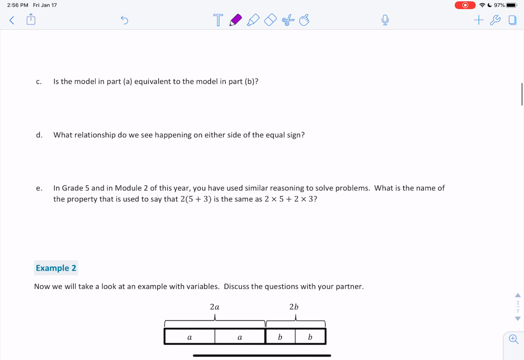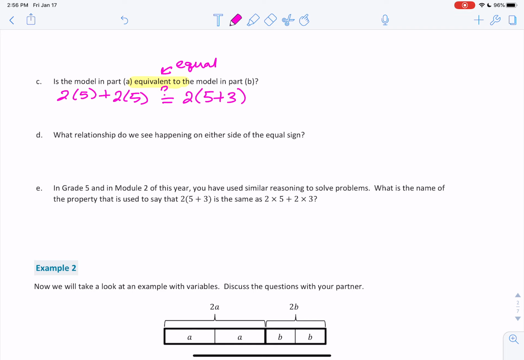So first, we need to remember what equivalent means. Equivalent means equal. So they're asking, is the 2 times 5 plus 2 times 3 equal to the 2 times 5 plus 3 that we saw in part B?